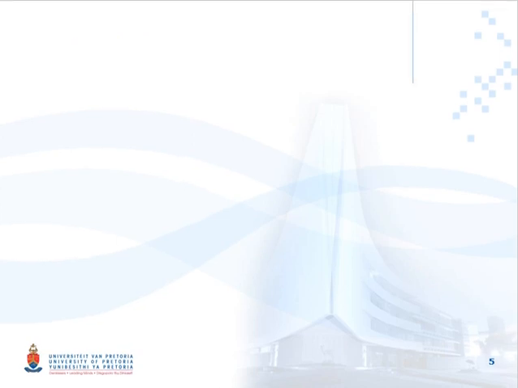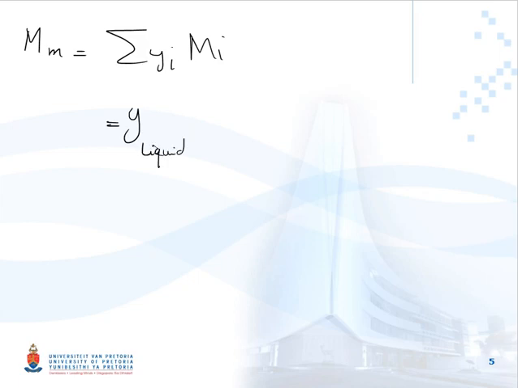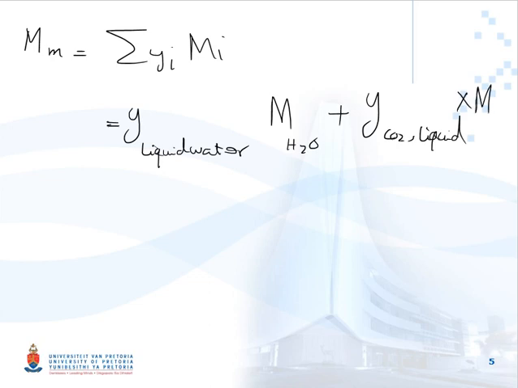Okay, for the mixture, if you remember, we said that the molar mass of the mixture is equal to the sum of YiMi. It's very simple. So Y of liquid water multiplied by the molar weight of water plus Y of carbon dioxide in the liquid multiplied by the molar weight of carbon dioxide.